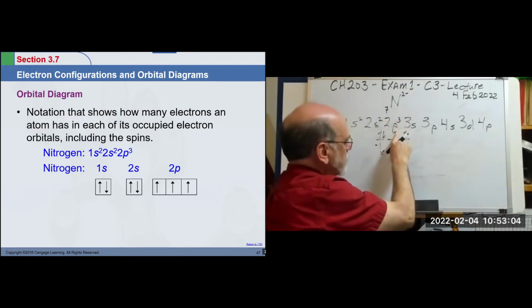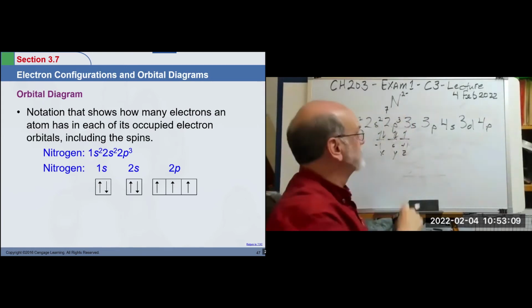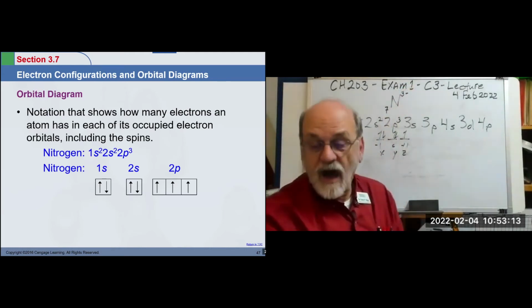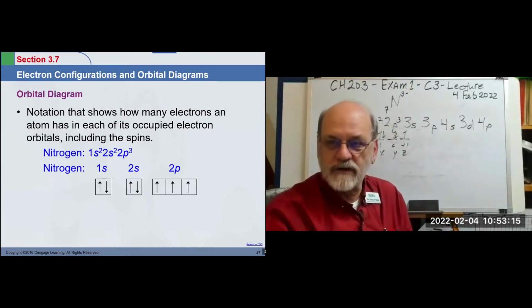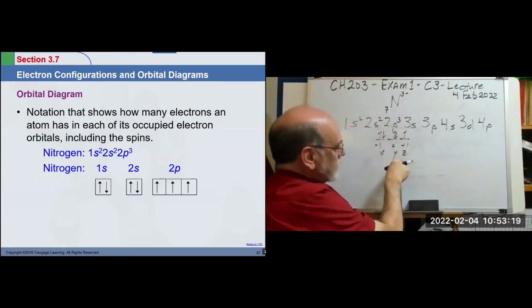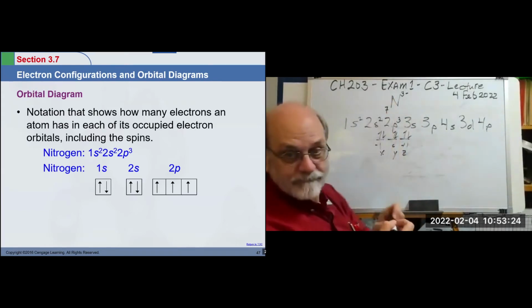Oops, wrong direction. There. What if it's 3 minus, which is the common charge for nitrogen in combination with a metal? You would put it here, like that. Okay?